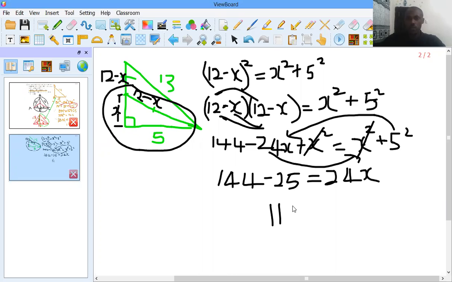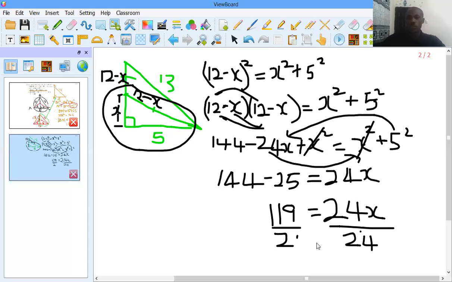So 119 equals 24x. Divide both sides by 24.